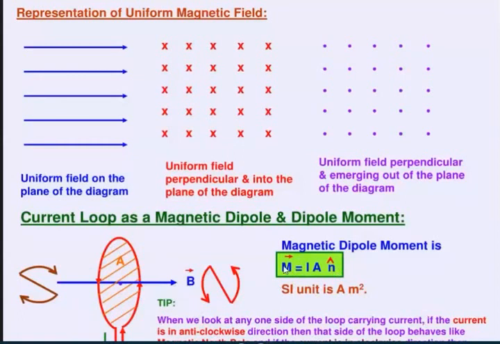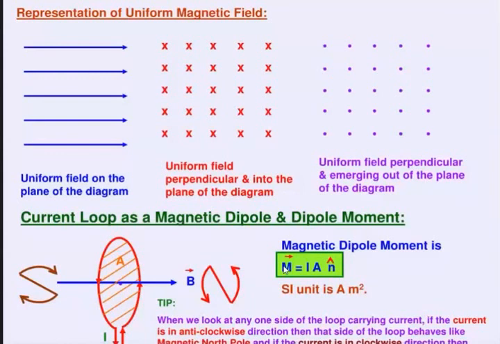So we have learned that a single isolated current carrying loop acts as a magnetic dipole, and its dipole moment is expressed as the product of current through the loop and area enclosed by the loop.